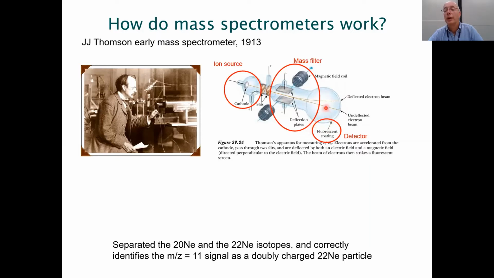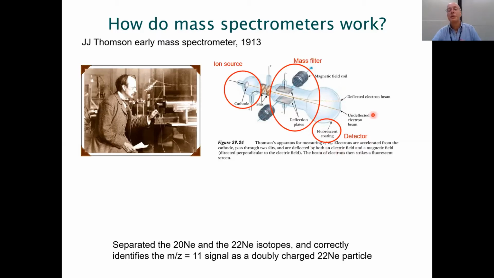And when an electron beam or a charged particle beam hits this fluorescent coating, it will fluoresce and you'll be able to see it. Very simple instrument, simply consisting of an ion source, two different types of mass filter, and a detector.